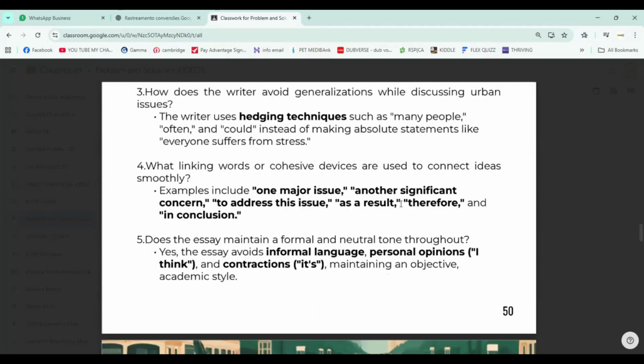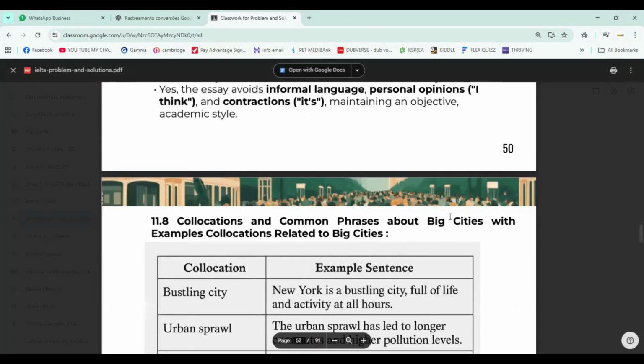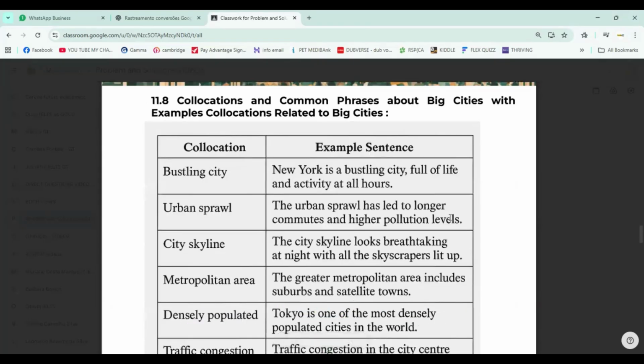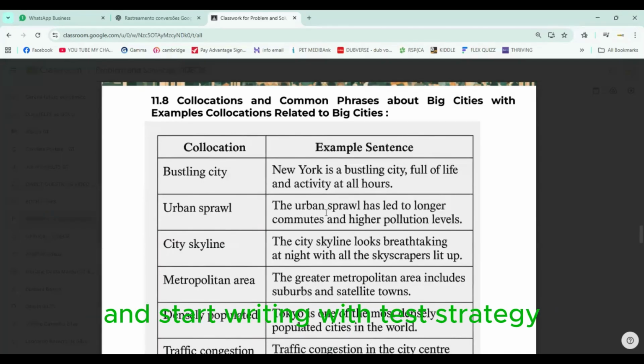This book was designed to be followed in order. If the student reads, practices, does the exercises, understands the logic, they stop writing in the dark and start writing with test strategy.